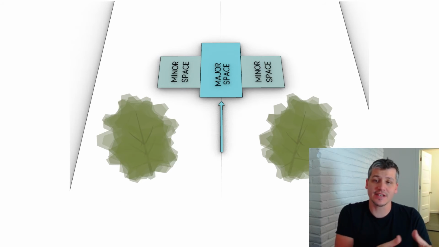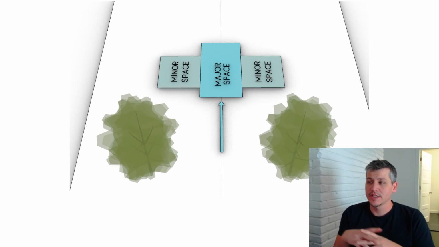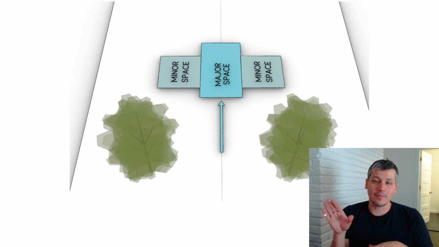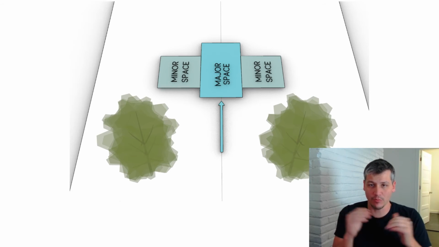So the kitchen is a support space, a minor space that supports the dining space. The dining space is more important because that's where the folks are, that's where they're eating, that's where the experience of the restaurant is. So in this case, we want to put the major space in the middle. Like I said before, we're creating this architectural hierarchy that's highlighting this really important space.